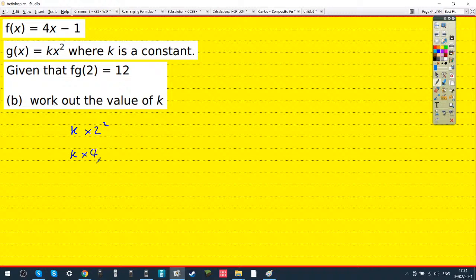And k times 4 is 4k. And so you have to do the f of 4k. So wherever there's an x in f, you replace it.